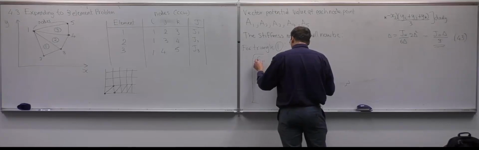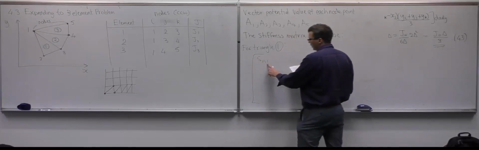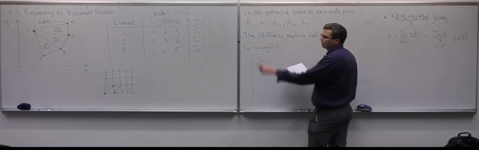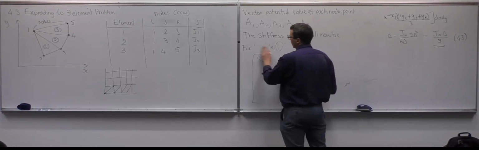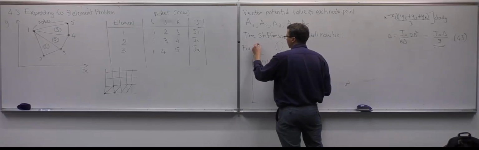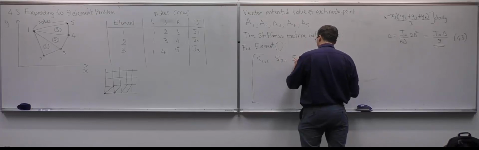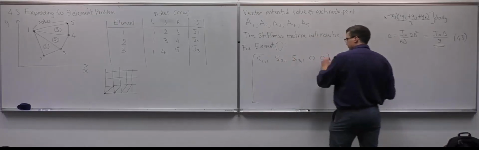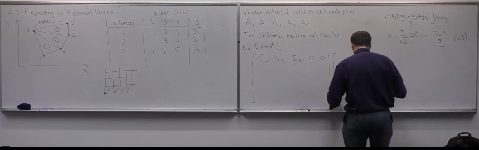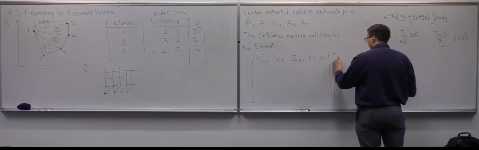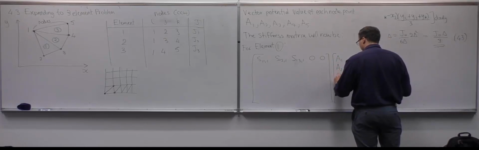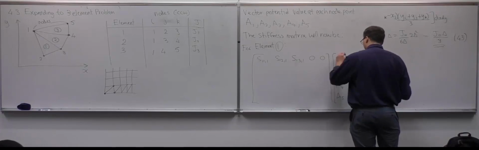So we have S11, and then I'm going to put subscript 1 for the element 1. Maybe I'll write this element rather than triangle. So we have S11, S12, S13, and then 0, 0. And then this here is A1, A2, A3, A4, A5.